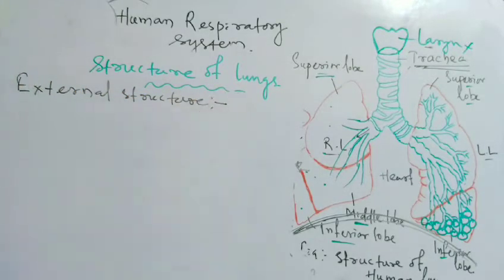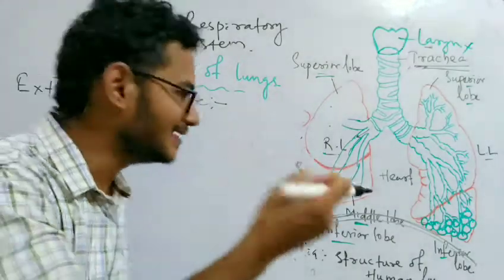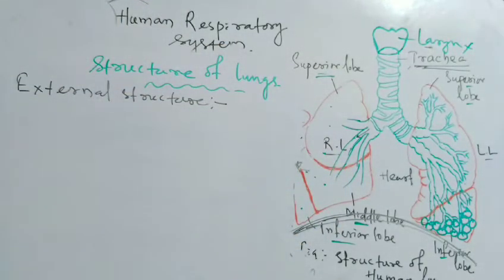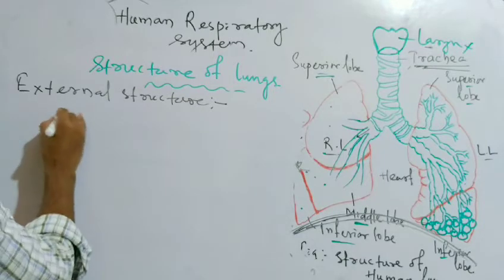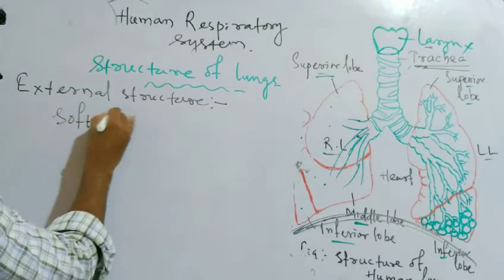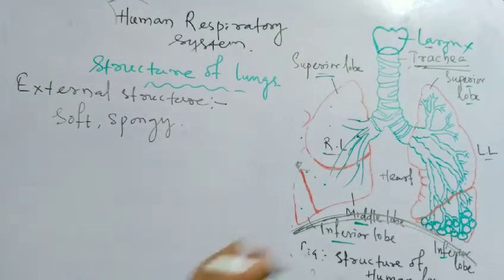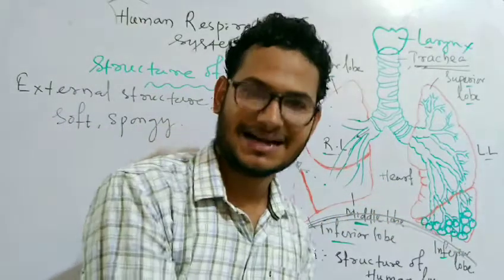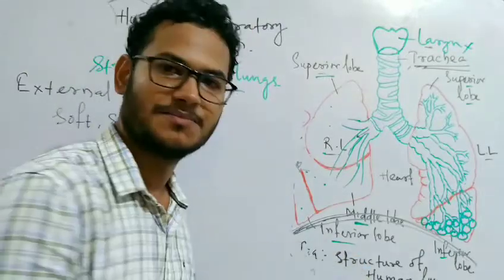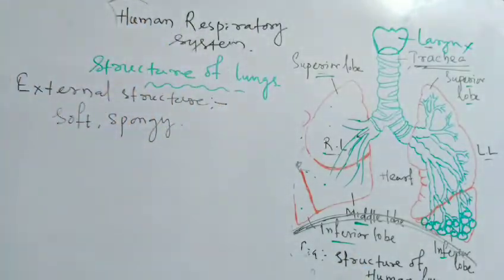The external structure of our lung. How does the lung look, and if we touch our lung, how does it feel? It is very soft, spongy, because there are many air sacs present inside it, making it very spongy due to the presence of the alveoli.